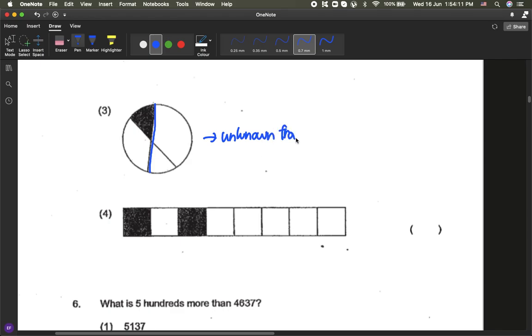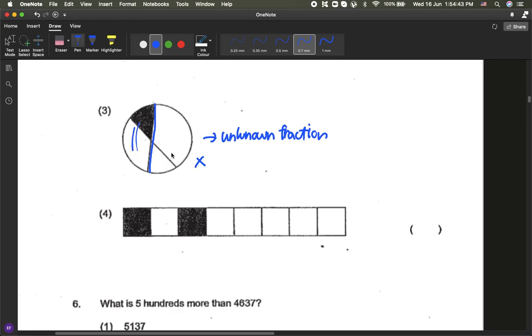We're not sure of the fraction that we can produce here because the shapes are unequal. So even if I do this or this, we won't know how many shapes this actually provides us. So we can't really provide a fraction for this region. So this answer is wrong because the shapes are all of different sizes.